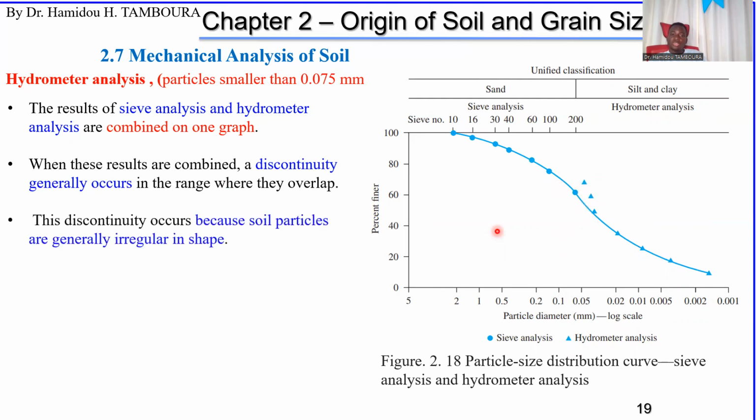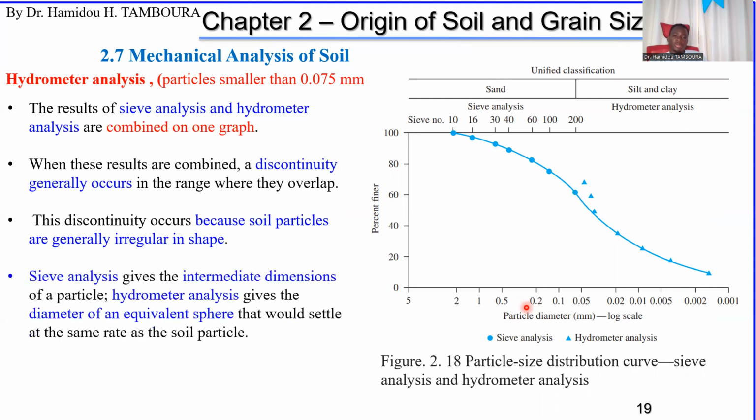This discontinuity is because soil particles are generally irregular in shape, not the same shape. And also the sieve analysis is giving an intermediate dimension of the particle. On the other hand, the hydrometer analysis gives the diameter of an equivalent sphere that will settle at the same rate as the soil particle.